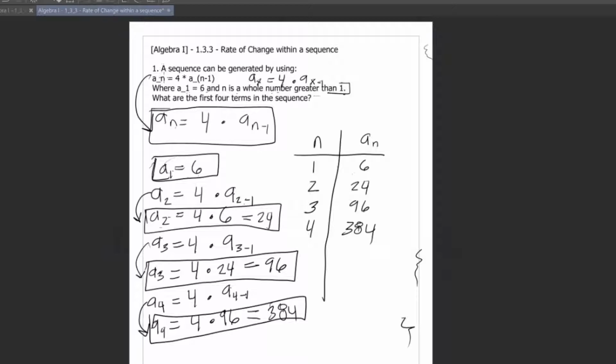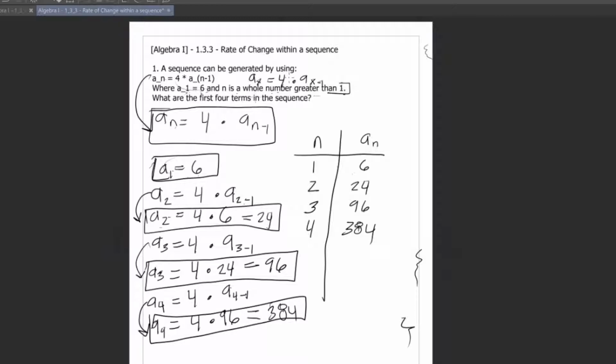Right, whatever this variable is changing as you go from each term to the next. So treat it as a variable, same way x is a variable, right? It's like an indexing variable here. Where a sub 1, so whenever n equals 1, this equation equals 6. Okay? And n is a whole number greater than 1.